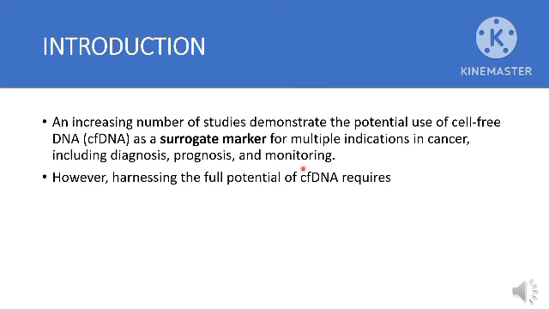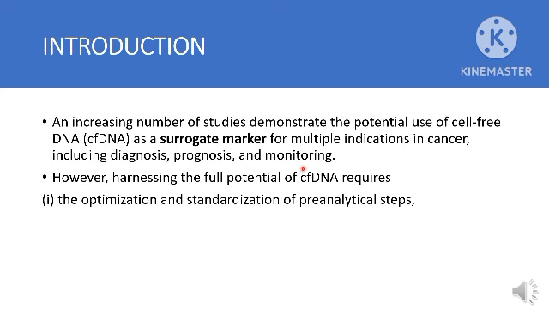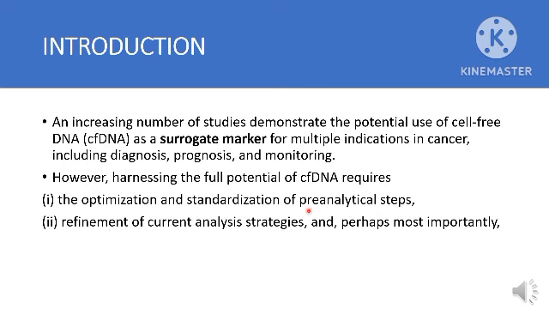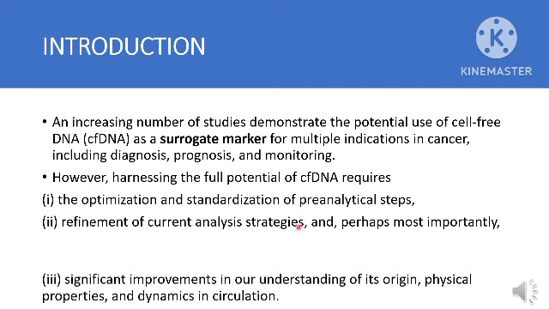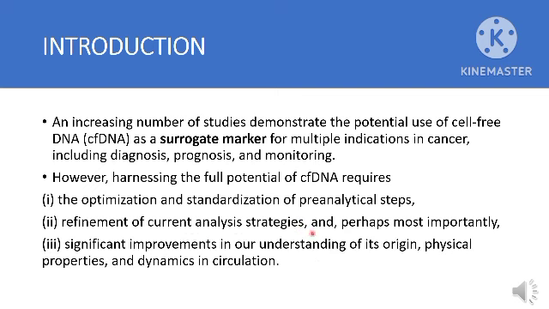However, before applying cell-free DNA into cancer diagnosis, prognostication, and monitoring of therapy, we need to understand optimization and standardization protocols for pre-analytical variables. We need to refine our current analytical strategies, and most importantly, we need to understand the origin of cell-free DNA, its physical properties and dynamics in the circulation.